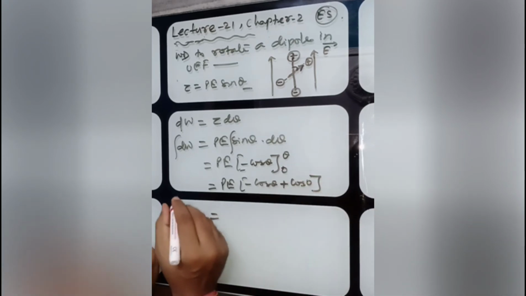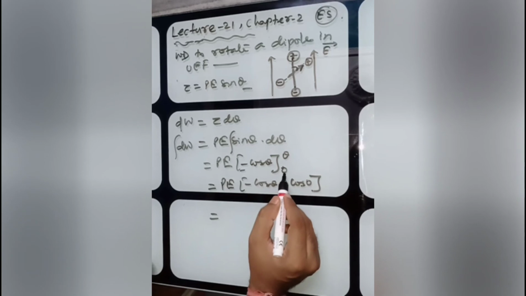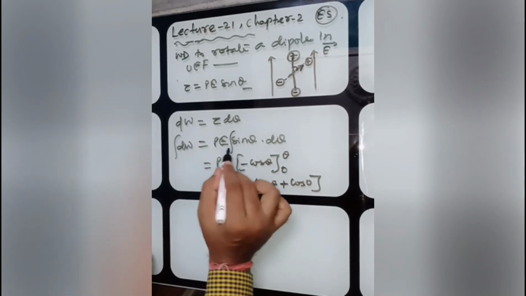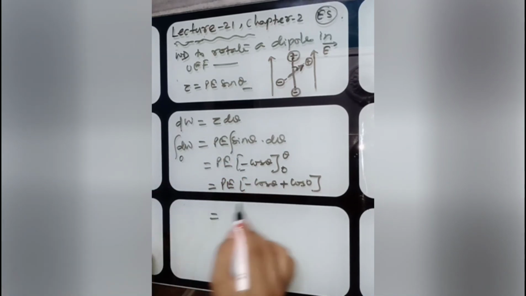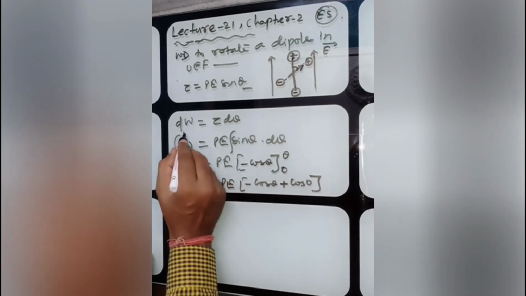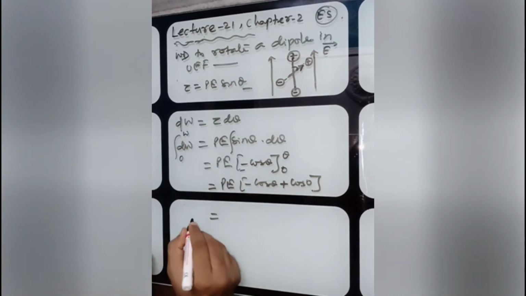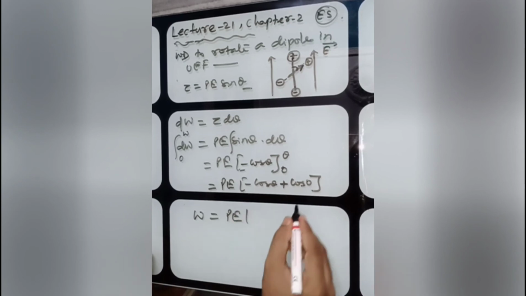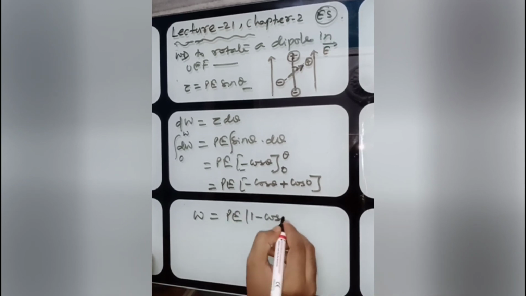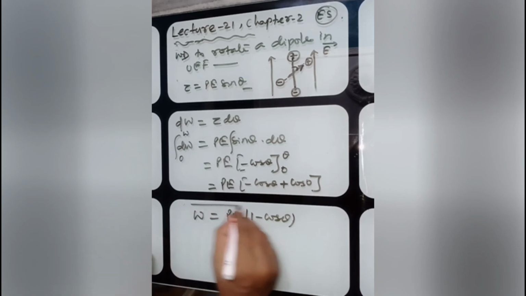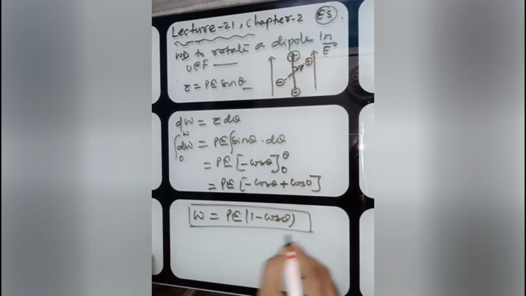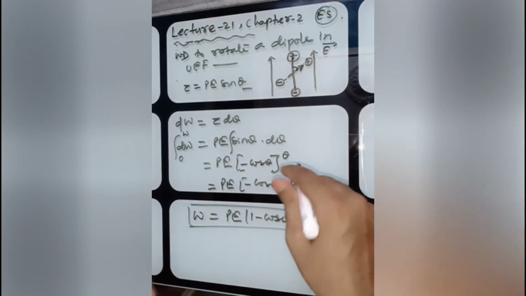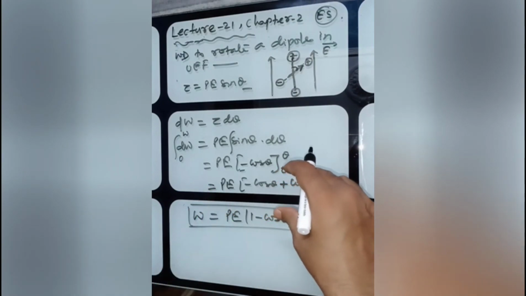So the work done when it was at 0 degree, you don't have to do work, so work is 0. To rotate by theta, you have to do the work W, so W minus 0, it will be W, and it is PE 1 minus cos theta. Remember, my dear student, this is the work done to rotate a dipole by a small angle theta.